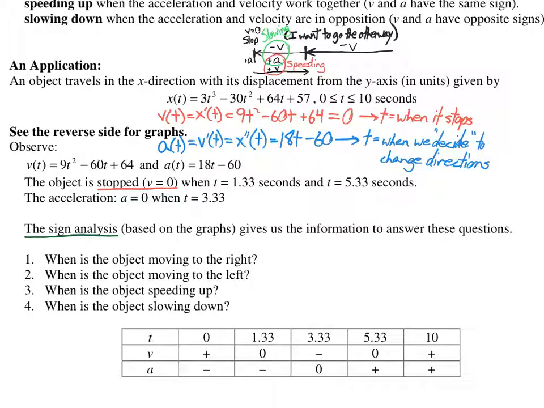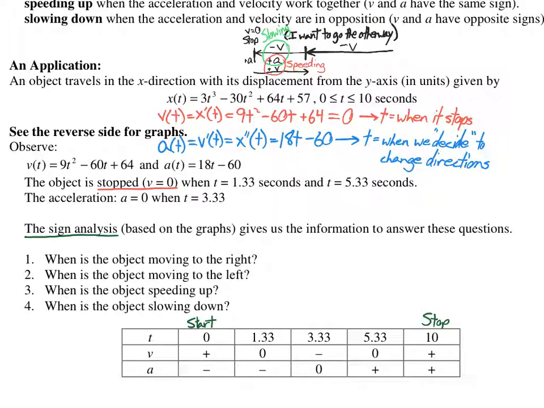The times you're going to fill in based on all the stuff we just recognized. Notice we have the starting time and the stopping time, from our domain, 0 to 10.